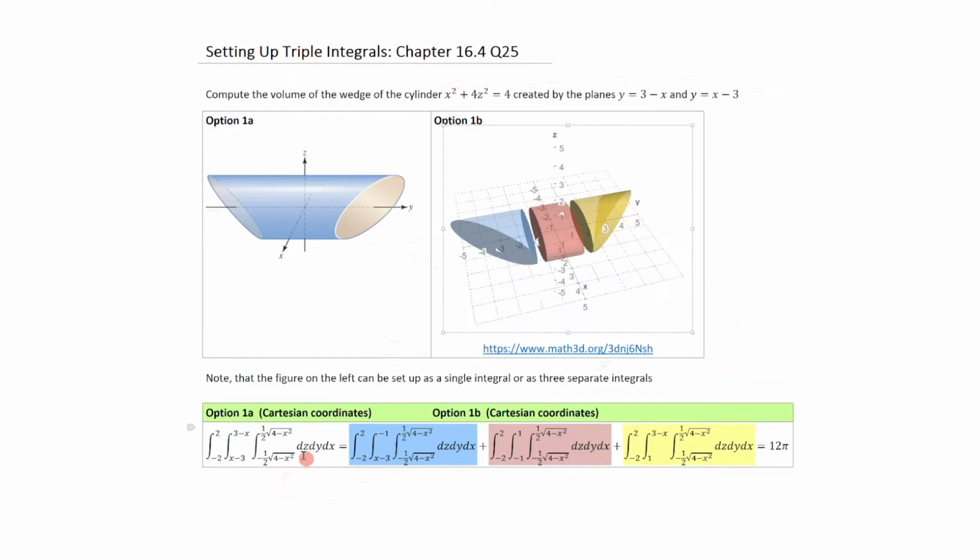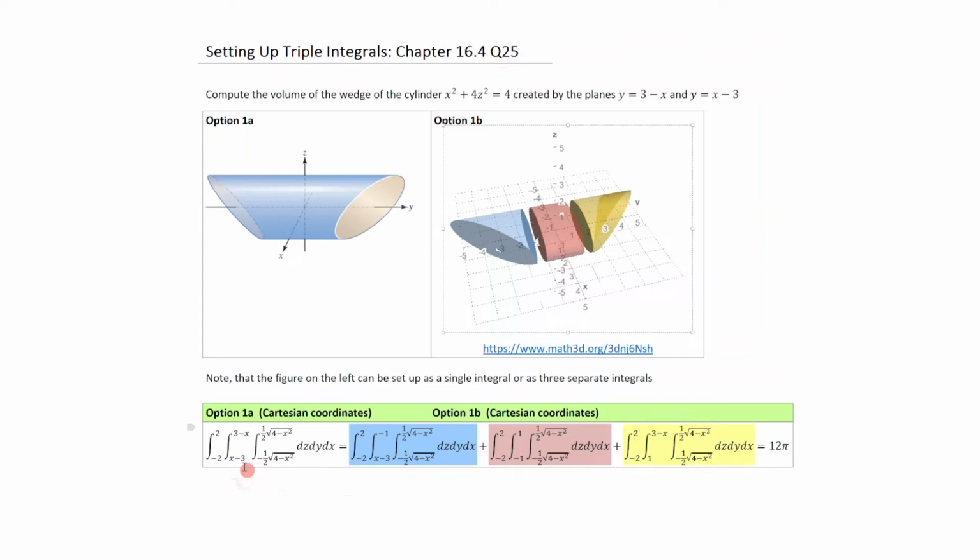If we do dz first, then z as a function of x would be this as an upper surface and this as a lower surface. So the next question would be, should I do dx or dy? Well, the next one should be such that it does not include z, because z's already taken care of. So if we do y, then y must only be a function of x. It turns out that's correct, because y is 3 minus x and y equals x minus 3.